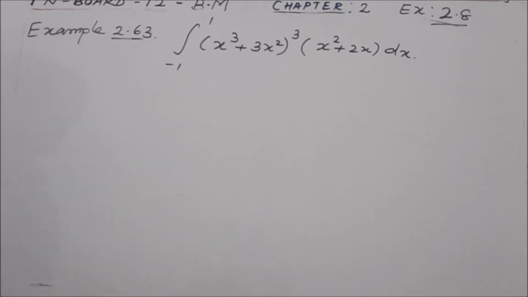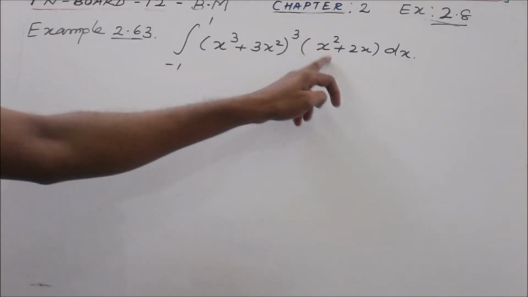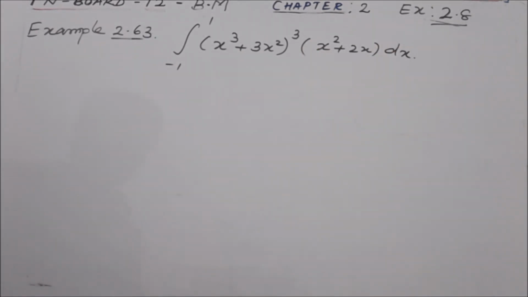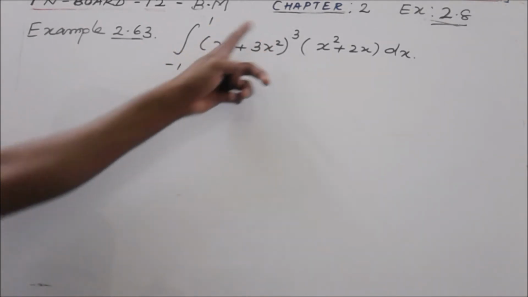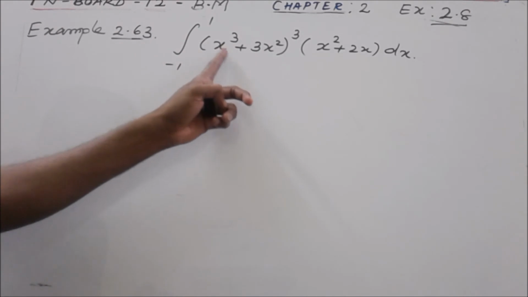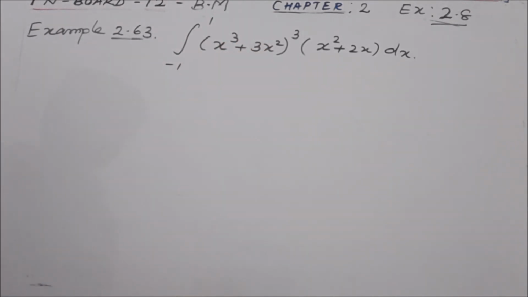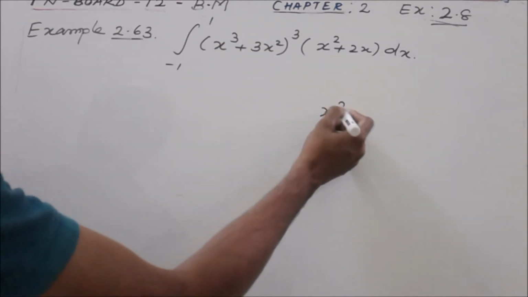Example 2.63, integral minus 1 to plus 1, x cube plus 3x square whole cube into x square plus 2x dx. Now look at the function within the power, that is x cube plus 3x square.